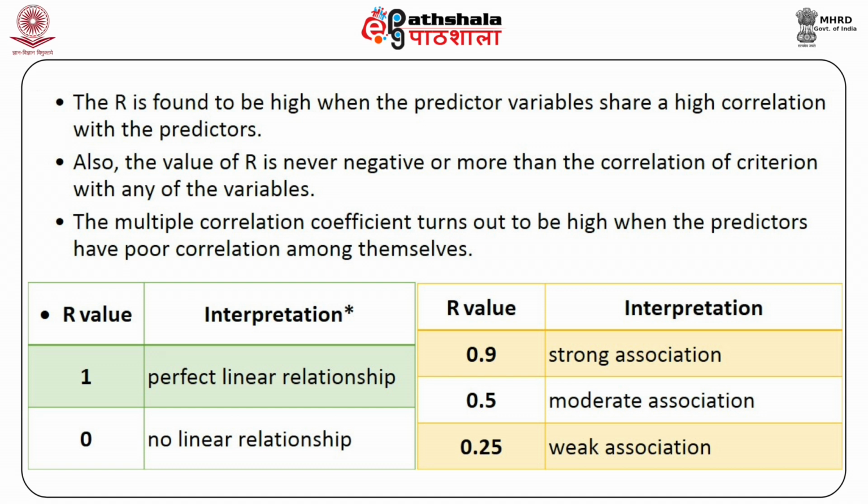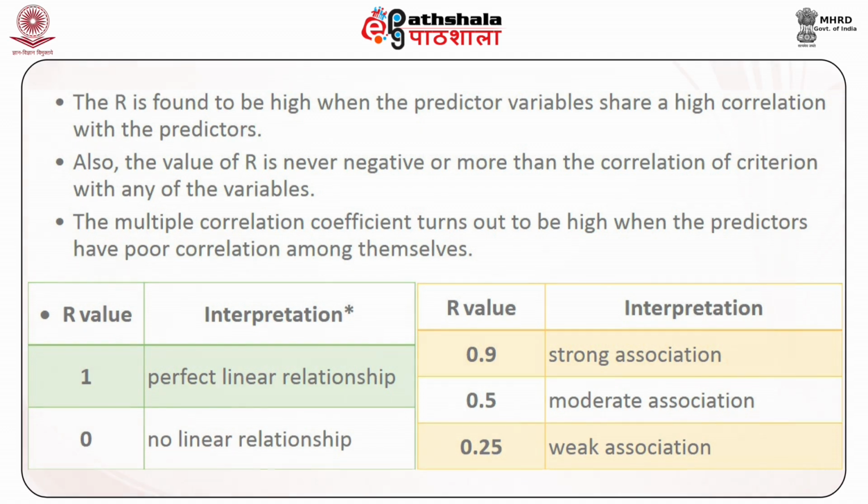A value of 0.5 would mean a moderate association between the predictor and the predicted variable, whereas a weak association would be indicated if our R value hovers somewhere around 0.25.